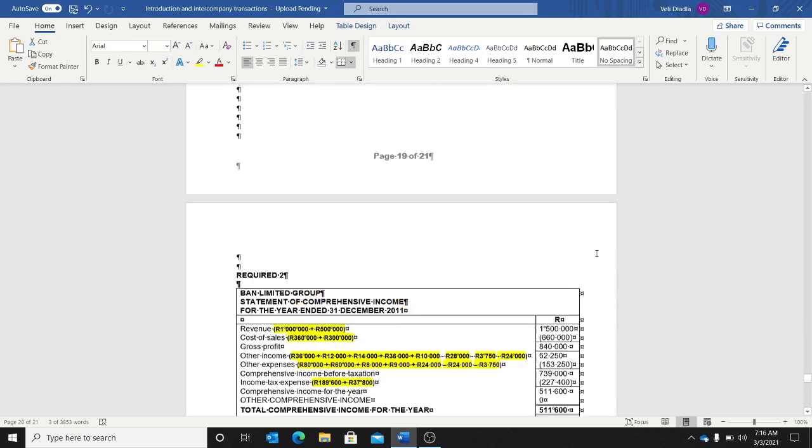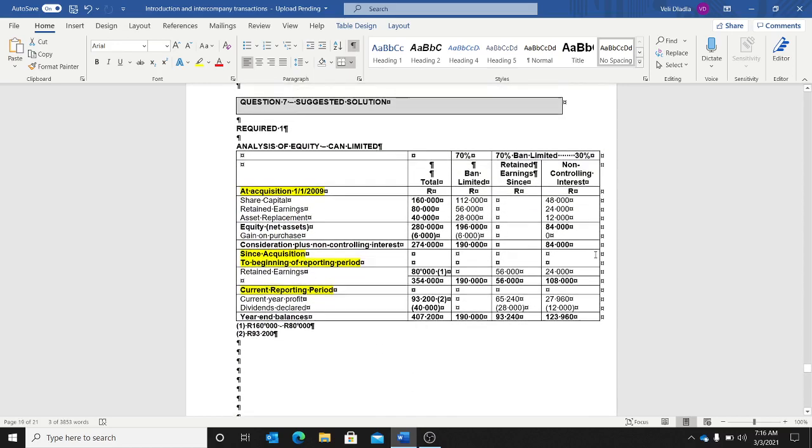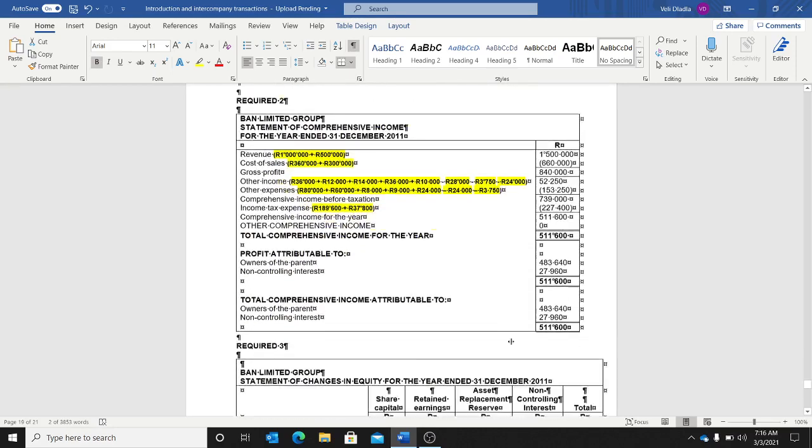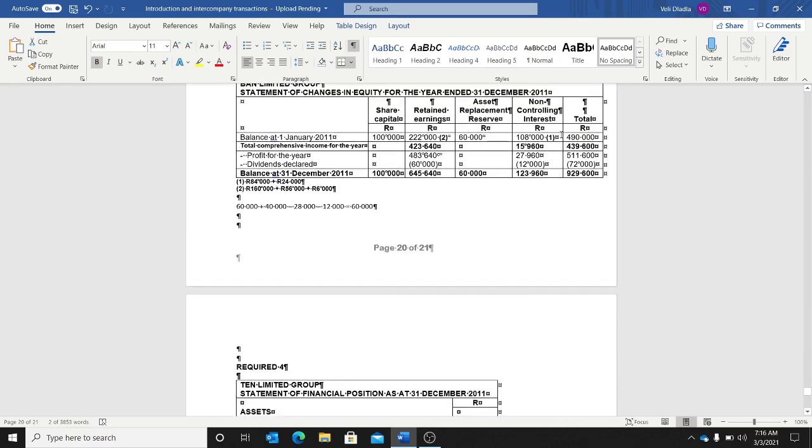Now, if you go to here, at acquisition, when you acquired the company long time ago in 2009, you had non-controlling of 84. But that non-controlling by the beginning of the year, which is date number 2, we are sitting at 108. So you'll see 84 plus 24 is this 108 here, and it's already explained by 84 and 24 here, right?